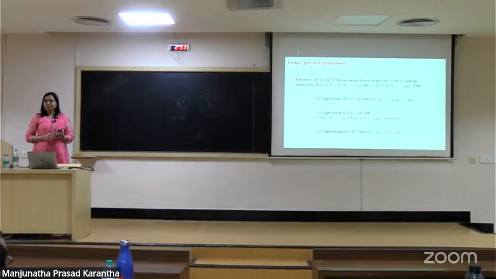Now the join operation you already know. I am saying the eigenvalues will be this. If the eigenvalues for G are 0, lambda 2 to lambda n, and the eigenvalues for H are 0, mu 2 to mu m, then the eigenvalues of the join will be lambda 2 plus m, lambda 3 plus m, up to lambda n plus m, those are n minus 1 eigenvalues.